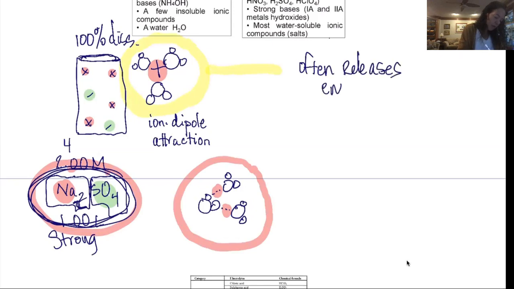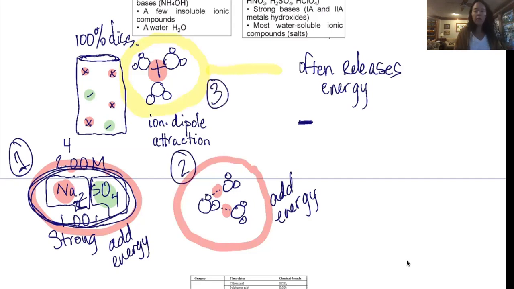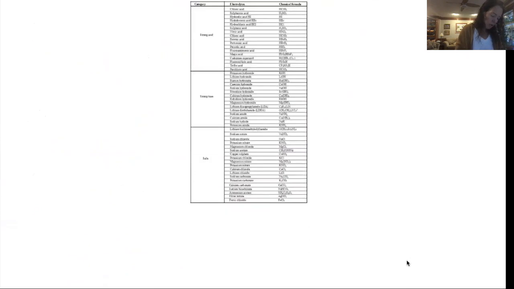Often releases energy, okay? Whereas these steps require us to add energy, right? They require us to add energy. And sometimes this requires the input of energy too, but not very often, and we'll talk about that later. But this is step 1, step 2, and step 3 of that solution formation. I think that was a good time for me to go over that in more detail. Students have a hard time with that, so trying to make sure y'all don't.